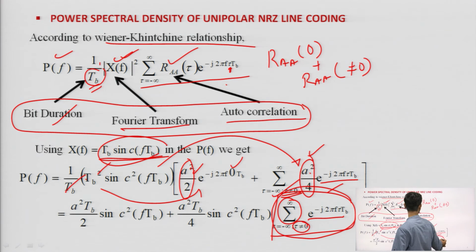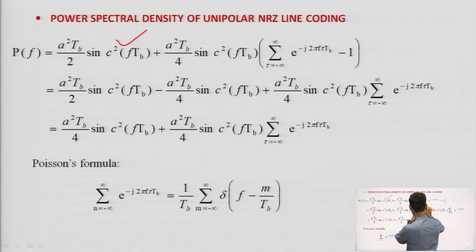This term runs from minus infinity to infinity, but I want only minus infinity to minus 1 and plus 1 to plus infinity, so I have to exclude 0. So, I will calculate the value at 0 and subtract it from the whole.